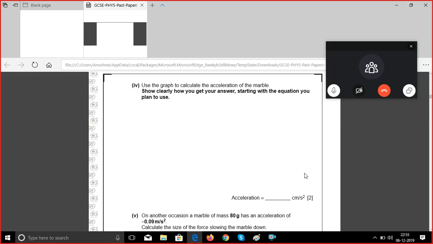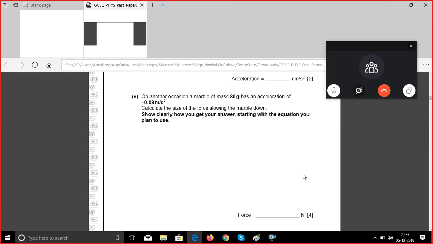So the acceleration was minus 6 centimeters per second squared. Yes, that's correct.